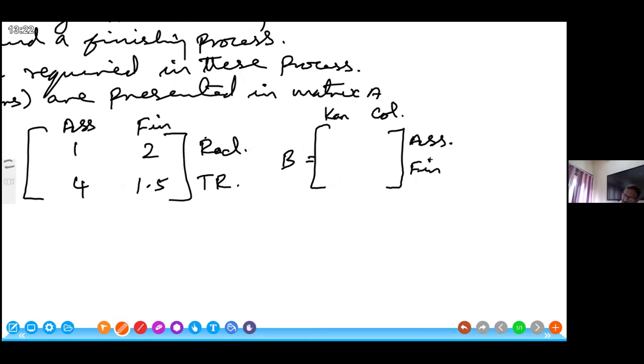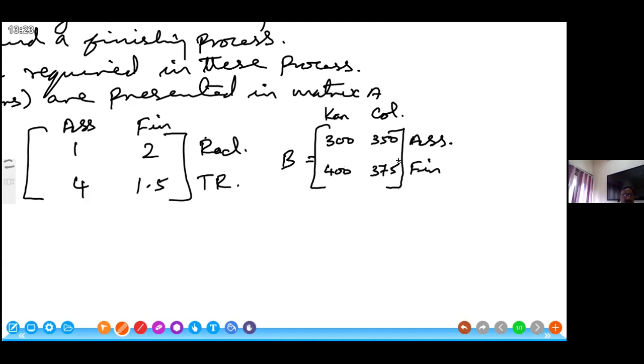Let's say the rates 300, 350, 400, 375. These are just the rates, don't worry, as an example. Clear?